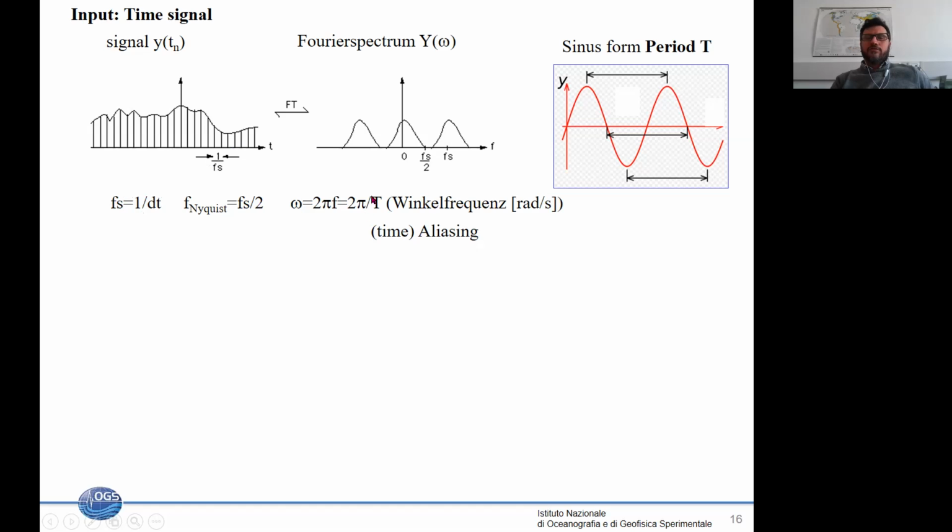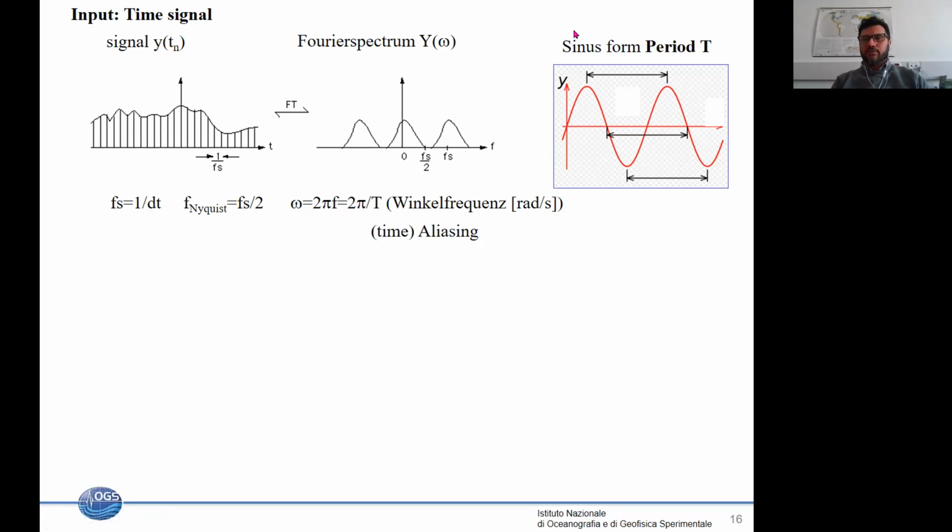And we have omega, the angular frequency, which is equal to 2 pi f, where the frequency is related to the period of our oscillation.